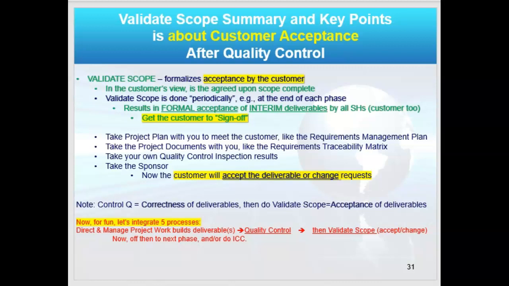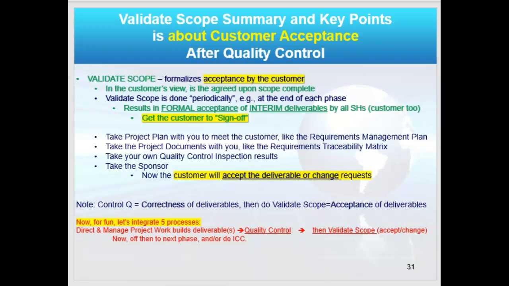And what we want is, we do this at the end of each phase and of course at the end of the project, where we want this formal acceptance of the deliverable. The customer signs off that they agree, or we would do a change request.